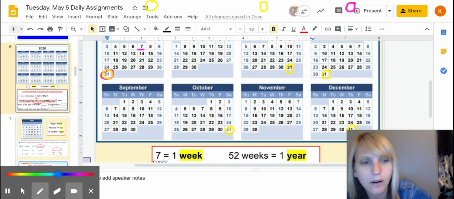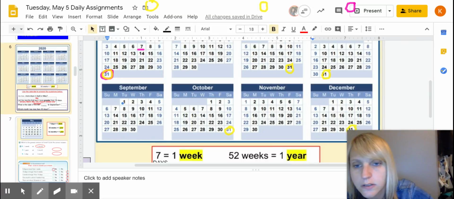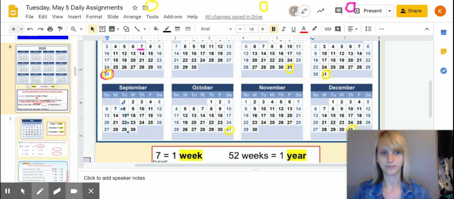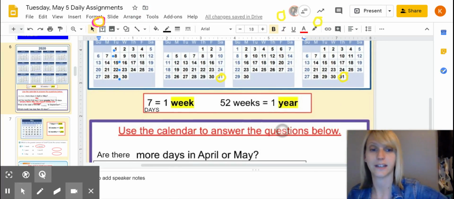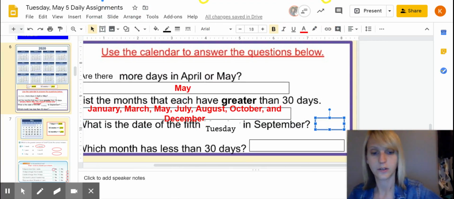It's my 3rd column on here. So the 1st, here's 1, 2, 3, 4, 5. Oh, so we got it. It is September 29th. So you can go ahead and put right here 29.